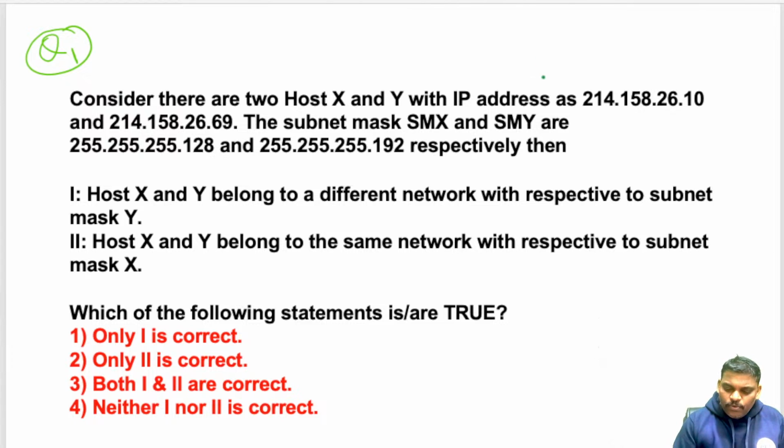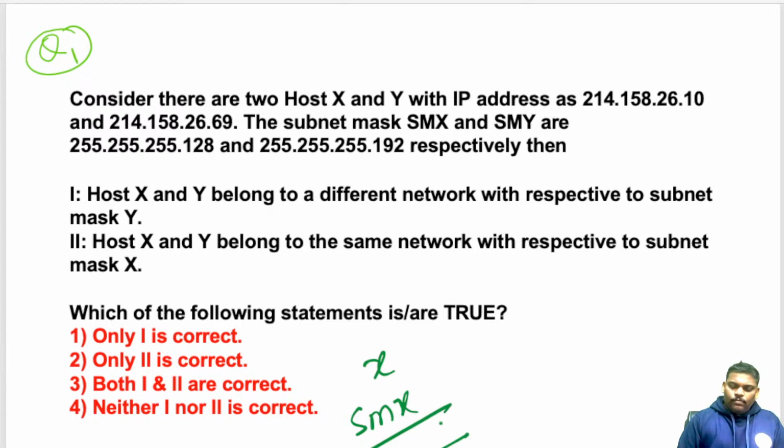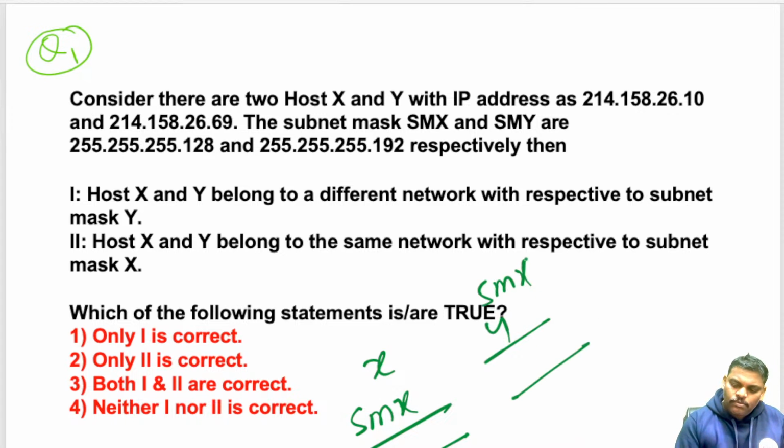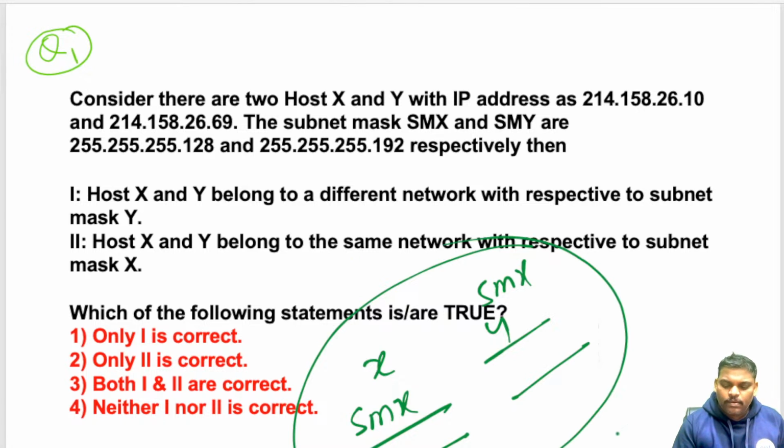What you have to do: X and SMX, do AND. Y and SMX, do AND. In a similar way, Y and SMY, do AND.